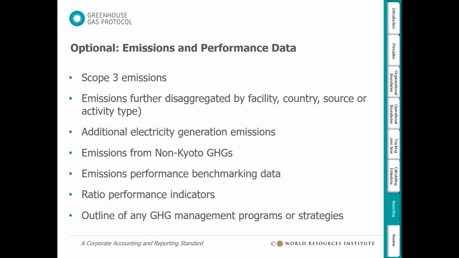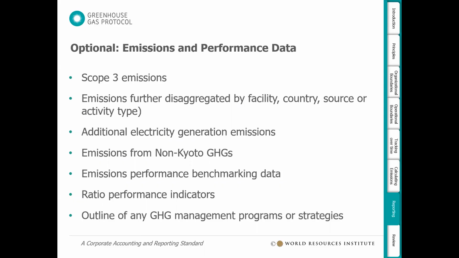Finally, I've reserved a very important point to the end. Companies could also provide an outline of any GHG management or reduction programs or reduction strategies that they're undertaking. I think that is actually quite an important element, as without it inventories lack a lot of meaningful context.